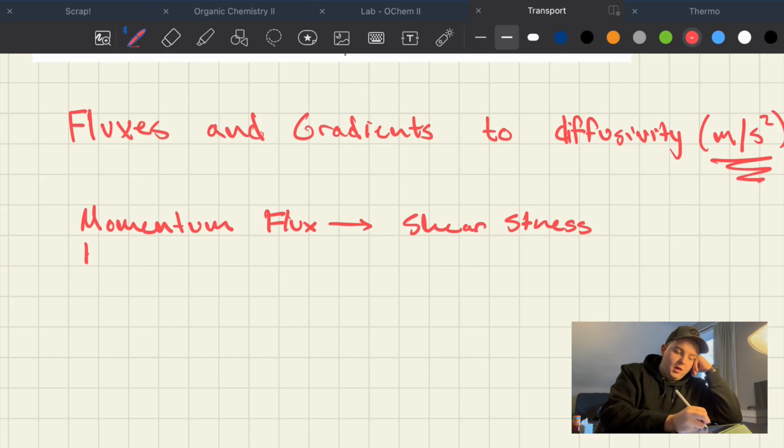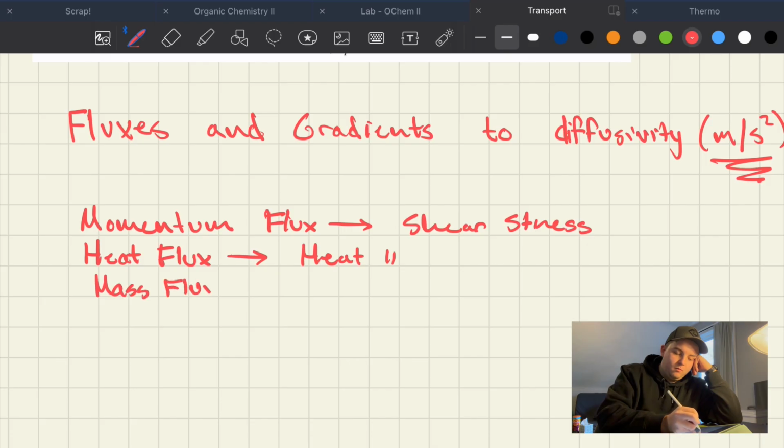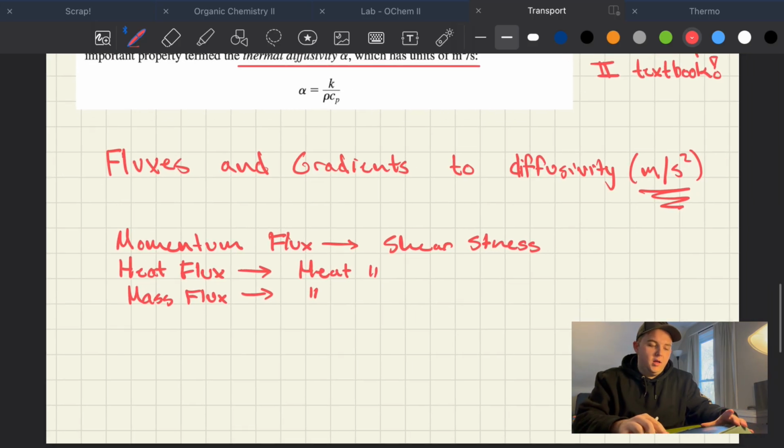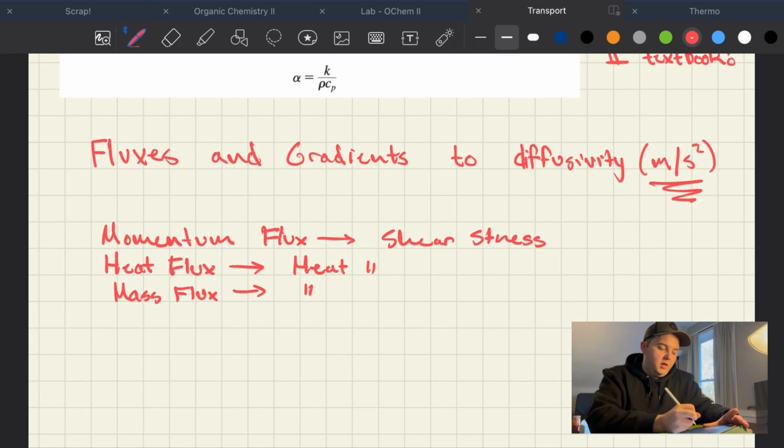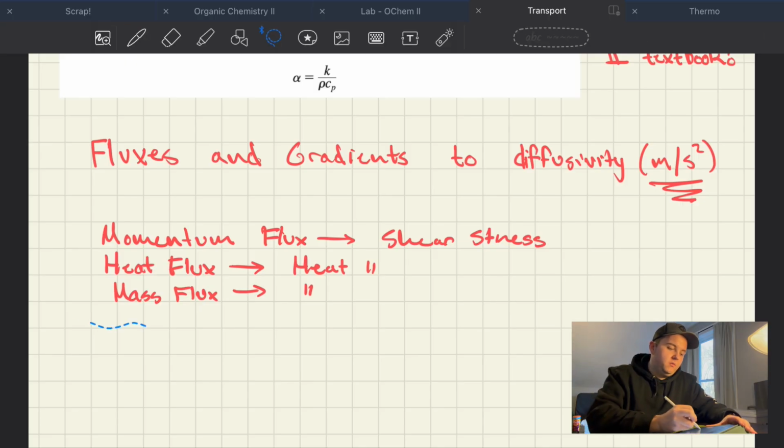We have heat flux, which just is heat flux. And then we also have mass flux, which is the same as mass flux. What we're trying to get is the flux. I should add that before. Let me go over.